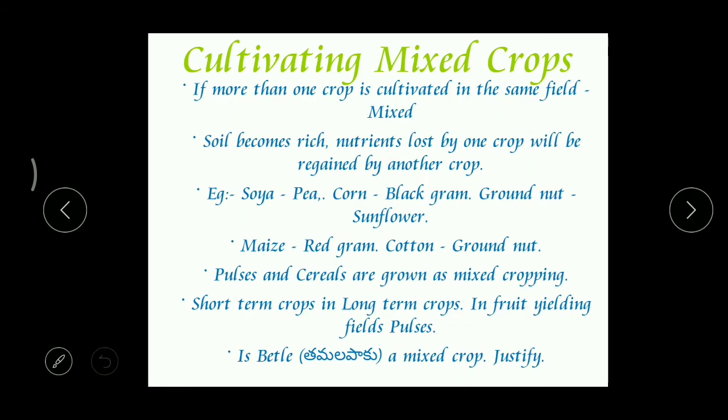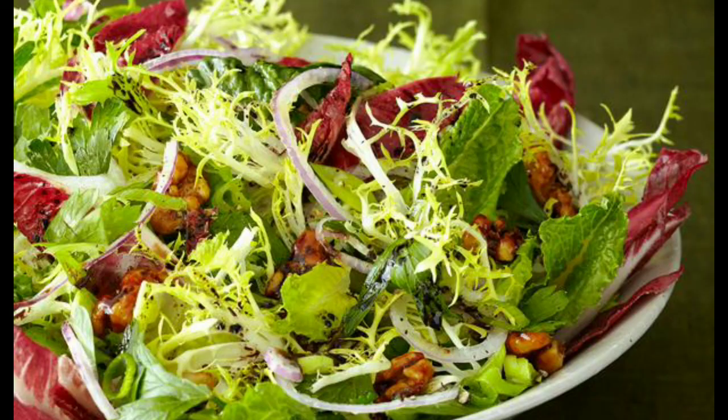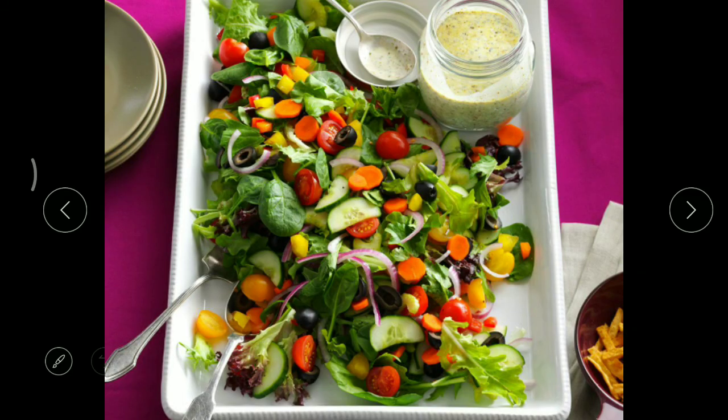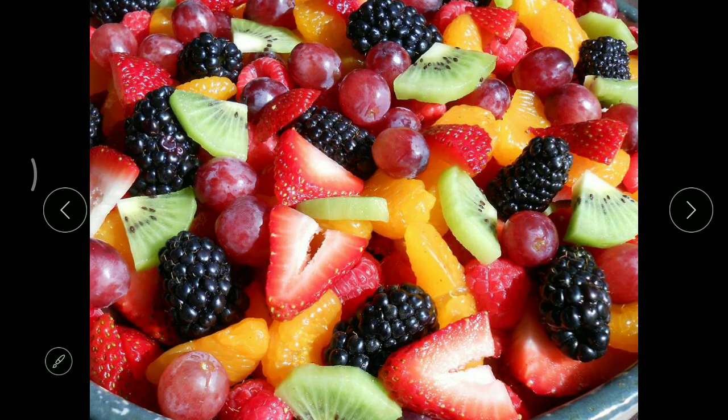Then cultivating mixed crops. Already we learned mixed. Mixed means what? Have you seen a salad, vegetable salad, or green salad, or a fruit salad? What is meant by fruit salad? There we select different varieties of fruits, and then we cut them into pieces.